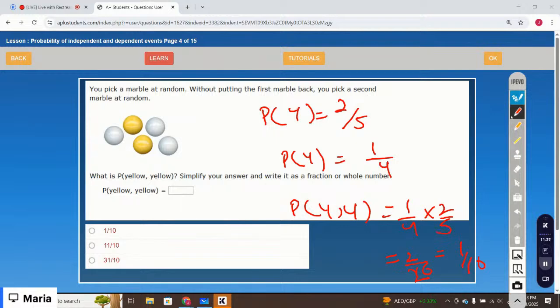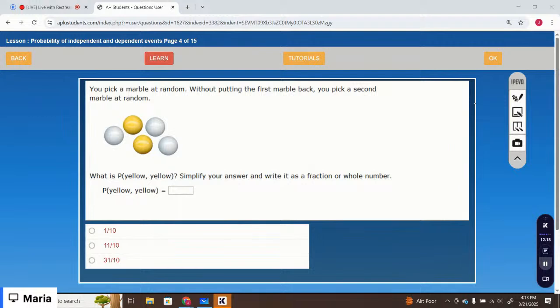Option number 1 is the correct option, that is 1 by 10.